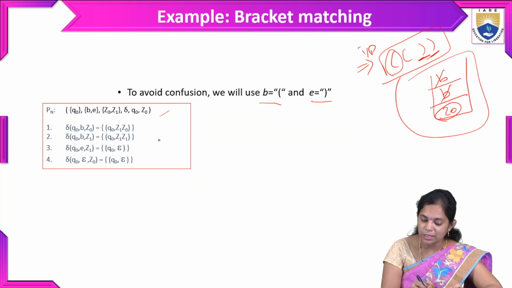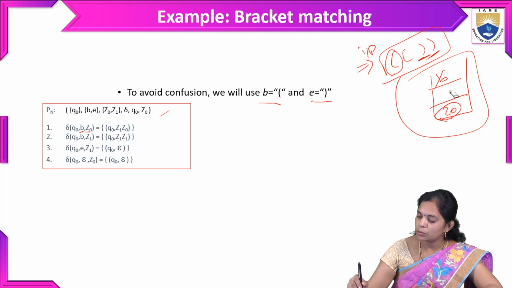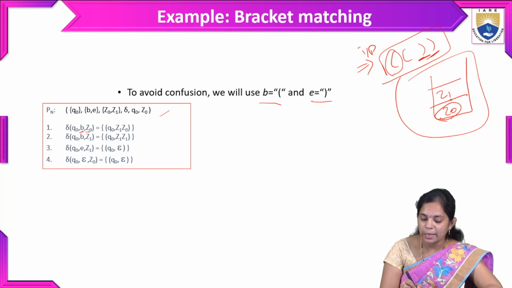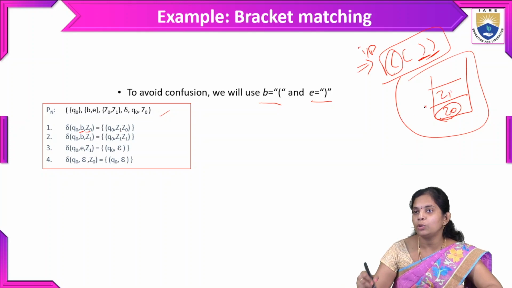The first one is delta of reading B as input, with the top of the stack symbol Z0. What do we replace? B is replaced with Z1, so with this transition we write Z1 along with Z0. Z0 is already there and we push the value Z1 into the stack.